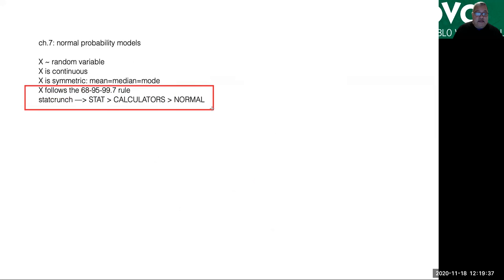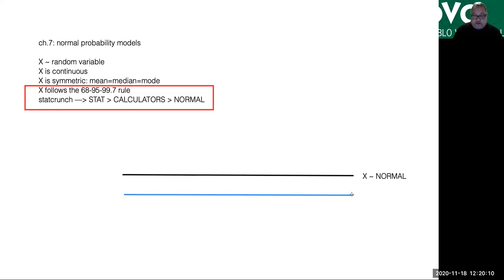So I'm going to now summarize those particulars in our whiteboard and explain what we mean by X following the 68, 95, 99.7 rule. What we mean by that is that the values of a variable are laid out along the horizontal axis. And that is true for any variable X that is normal. We can also, in parallel, describe the variable in standard deviation units.